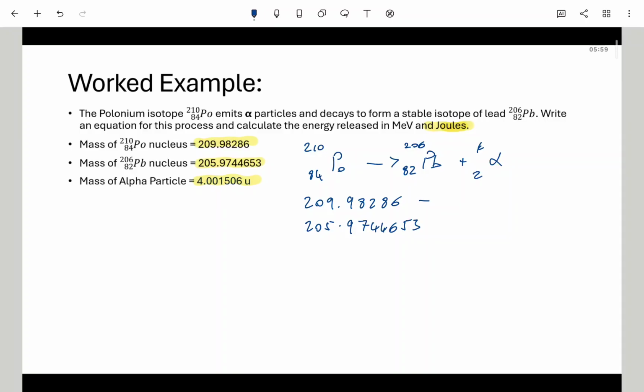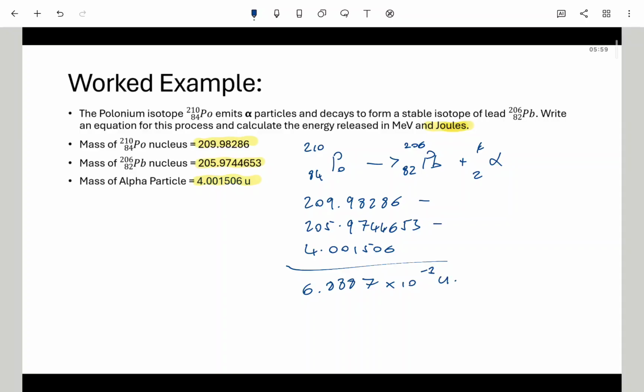I know this is a bit laborious. And also subtract the mass of the alpha particle, 4.001506. And that will give us a rather small mass defect of 6.8887 times 10 to the minus 3 U.